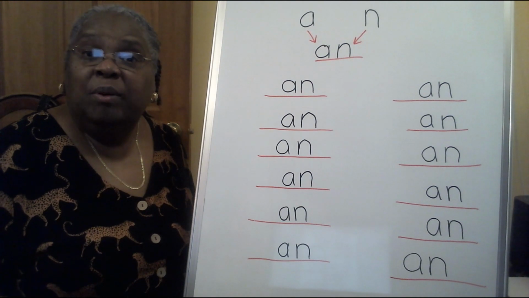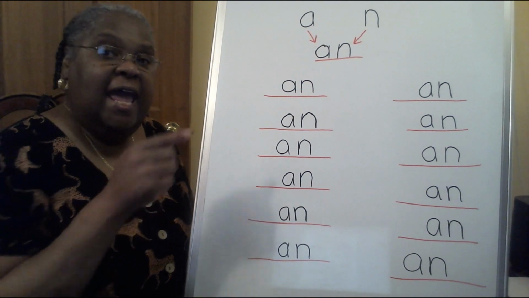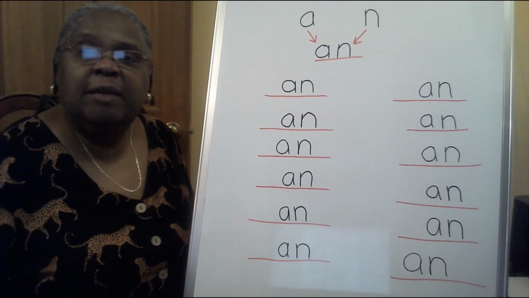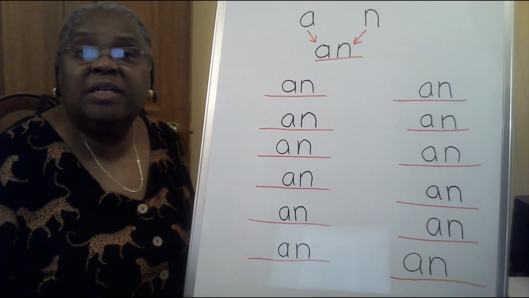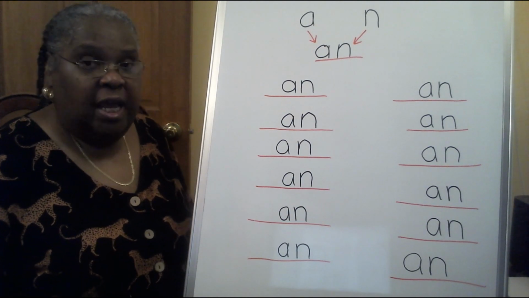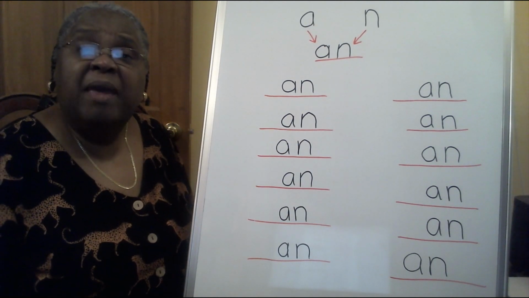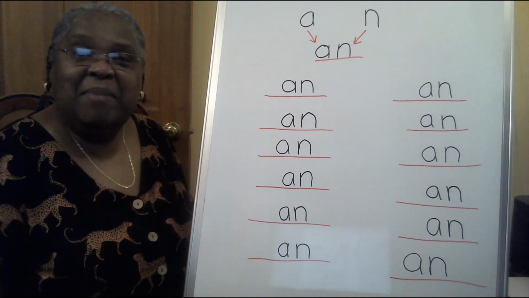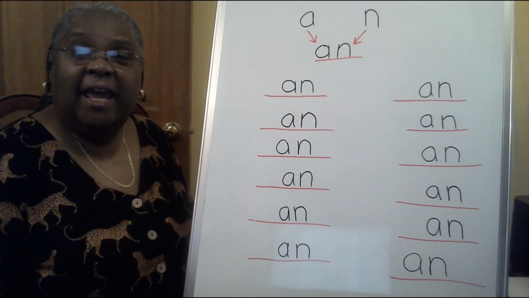The letters that we blend with the ending blend an to form new words will keep their own sounds when we sound out the letters together that form the new words. Now, let us make many new words that rhyme with the letter blend that makes the standalone word an.